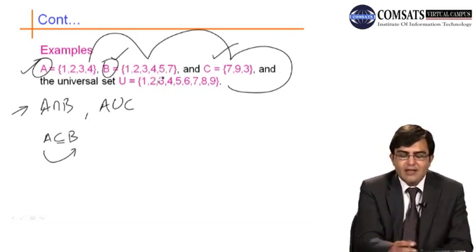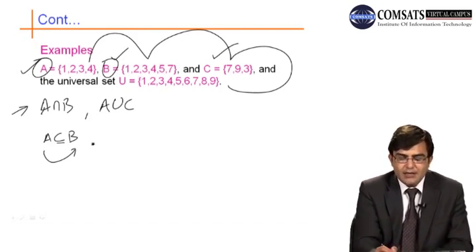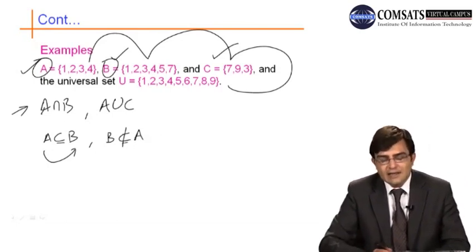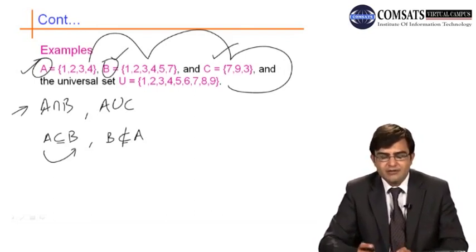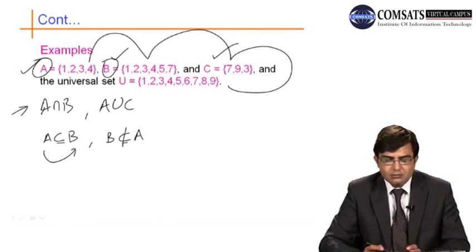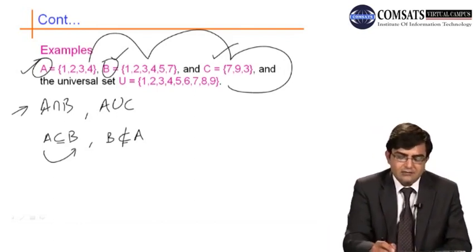So every member of A is also in B. So A is a subset of B, but B is not a subset of A because there are elements in B which are not members of A. So B is not a subset of A, and we denote it by this symbol.